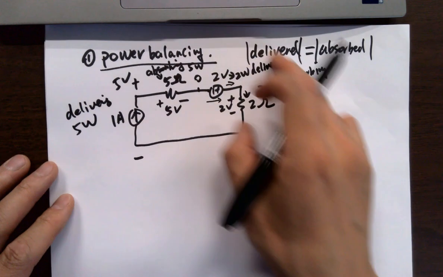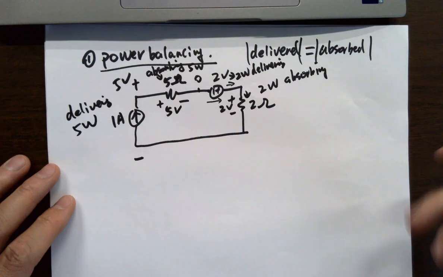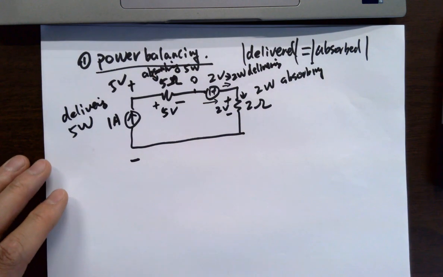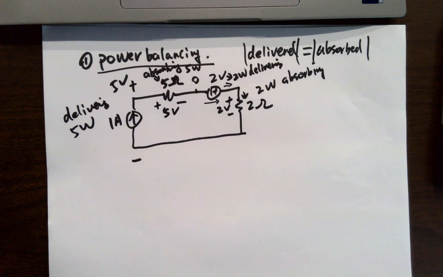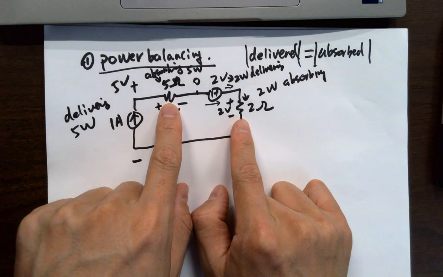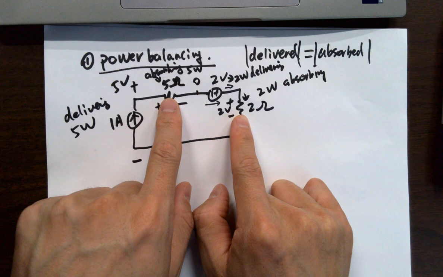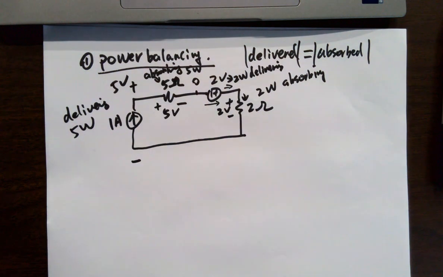If there's a circuit problem similar to this one, you should be able to calculate if this is balanced or not, okay? It's very interesting. If I put a resistor here, it's getting balanced. If I don't put a resistor, nothing is actually absorbing.